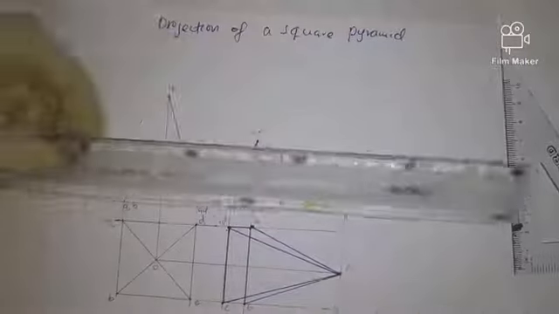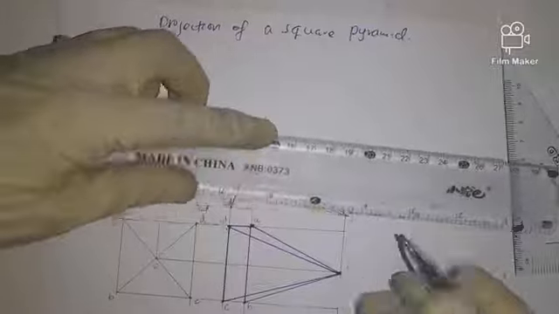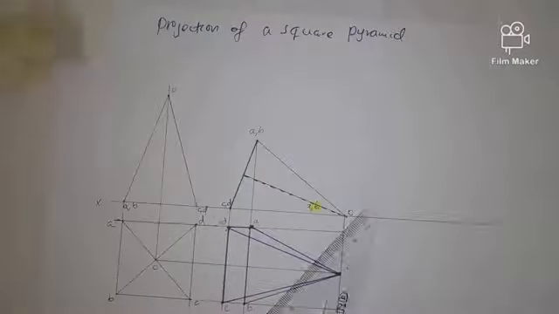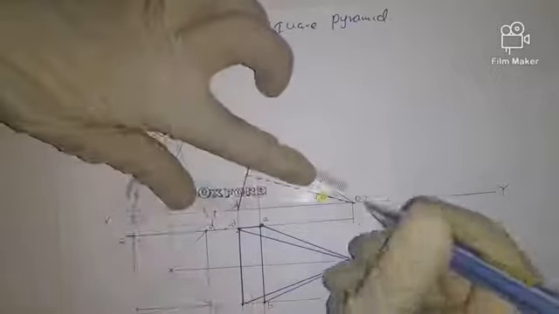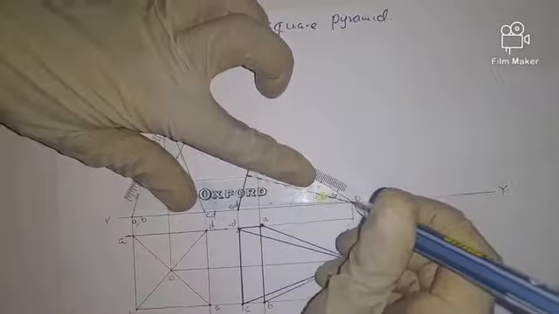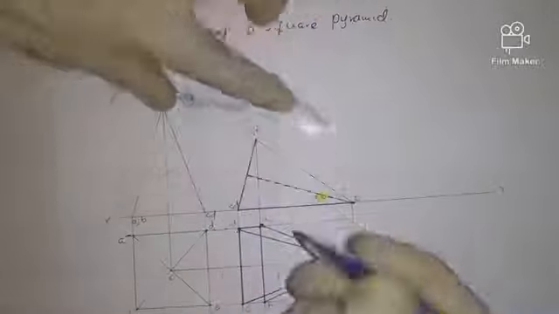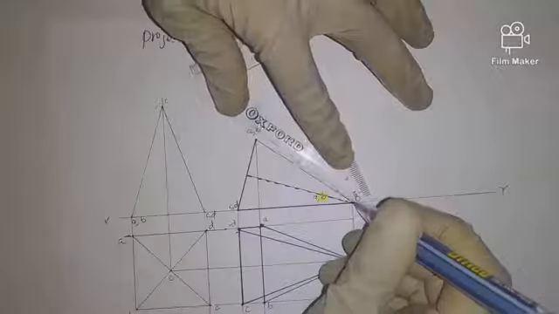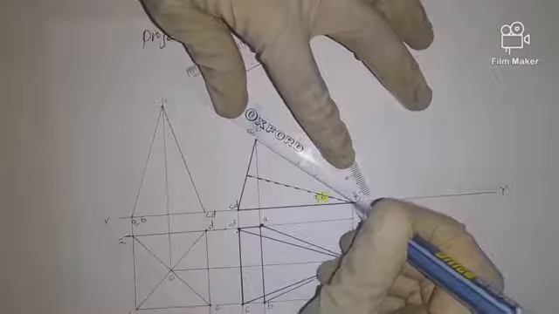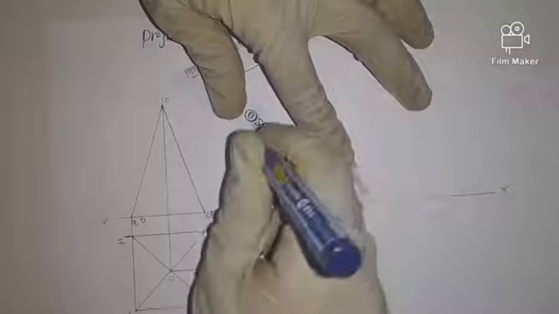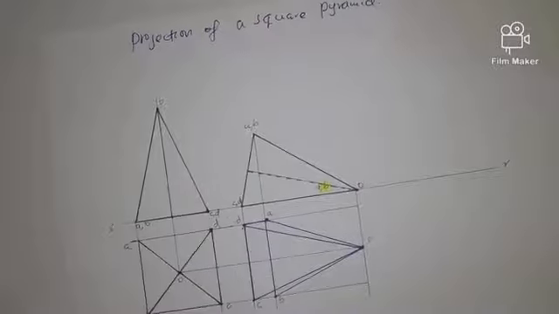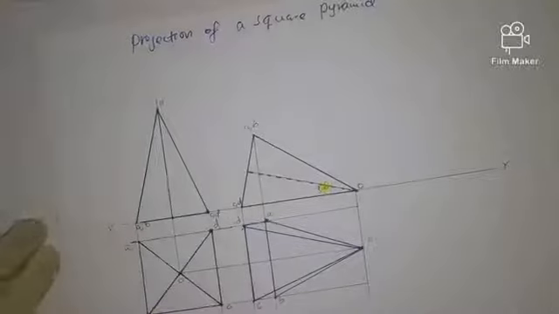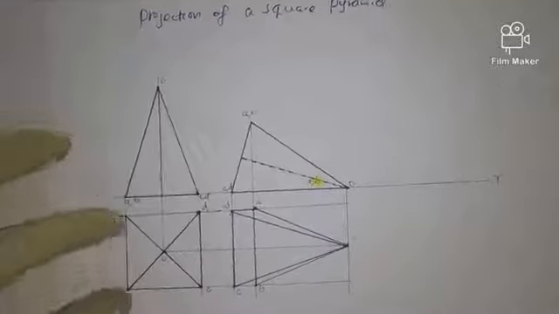Now this one here, just complete, then complete this. So we are just drawing. So these are visible lines, like you are viewing from top.